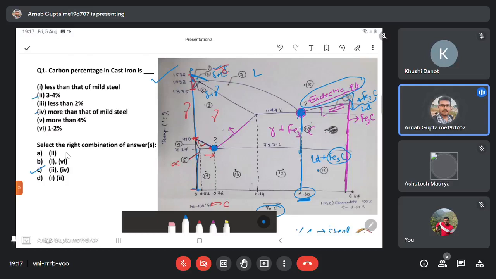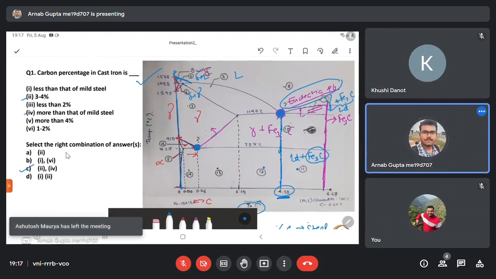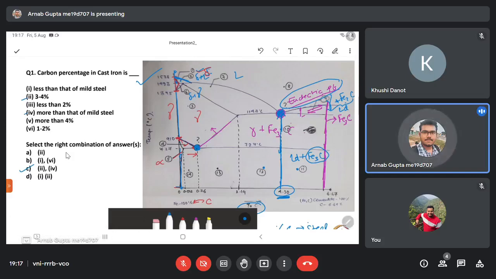So this is Fe3C plus ledeburite, and this part is what will be 12. What will be the phase composition of 12? It's perlite plus ledeburite, right?